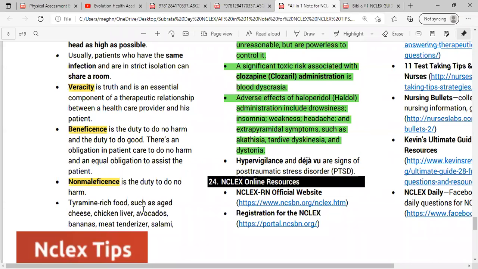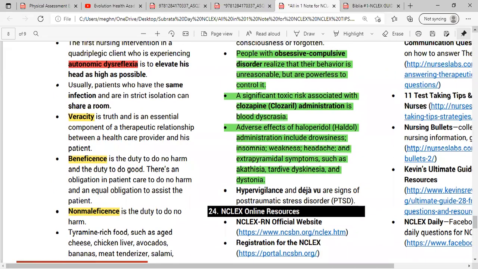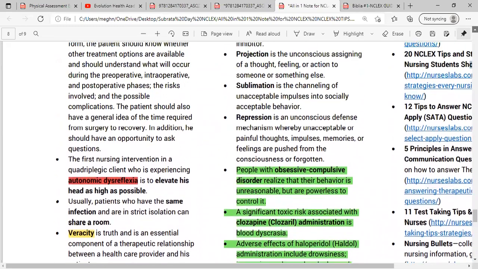Aged cheese, except cottage. Also no coffee, no tea, and no chocolate. So all the yummy food is on the tyramine-restricted list.